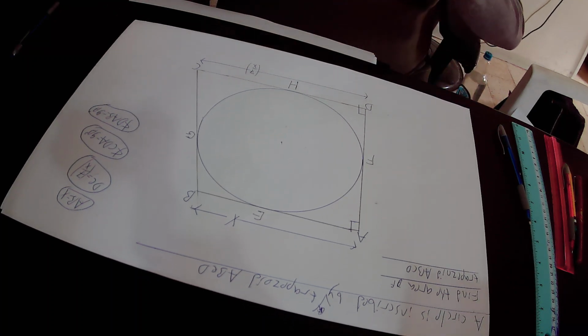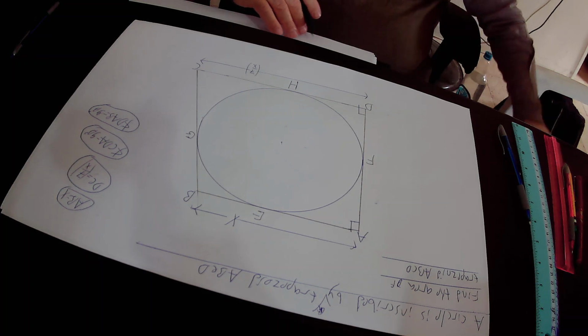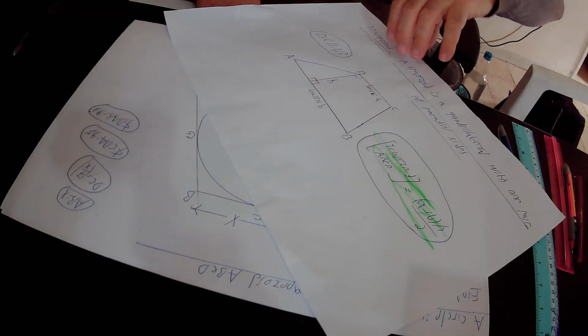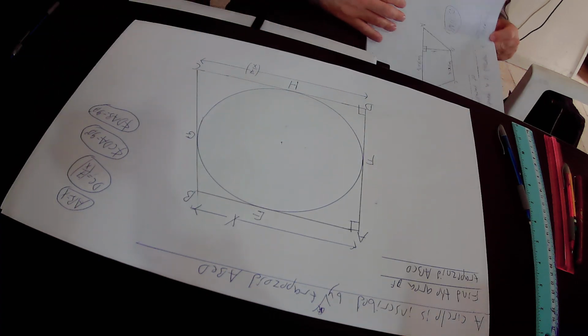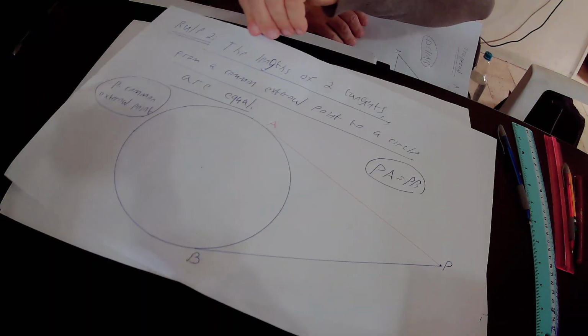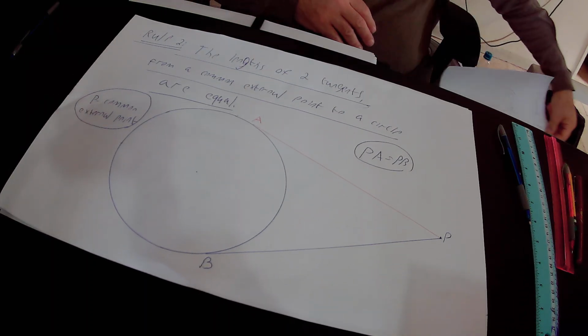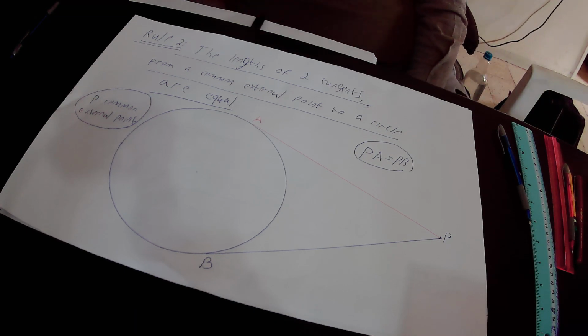So here we can implement rule 2. I'll quickly repeat rule 2. According to rule 2, the lengths of two tangents from a common external point to a circle are equal.